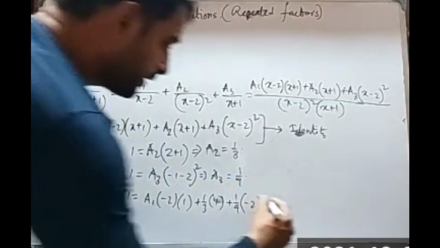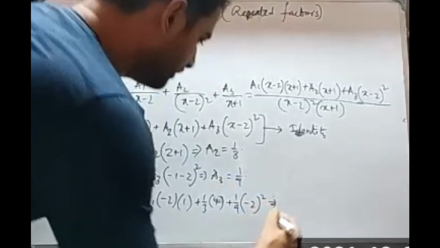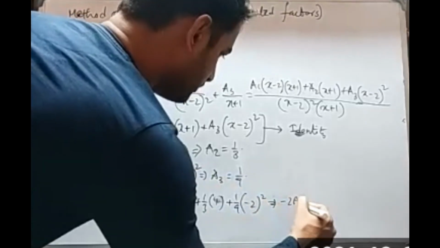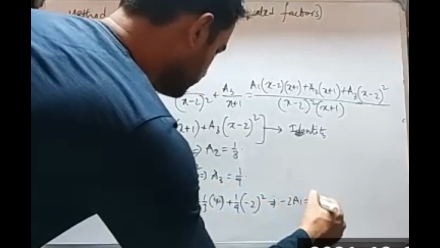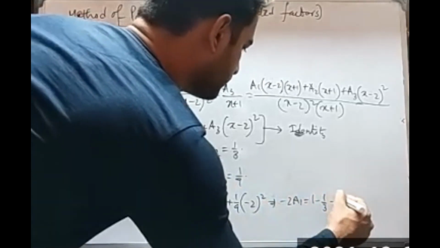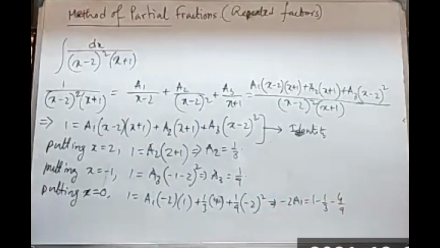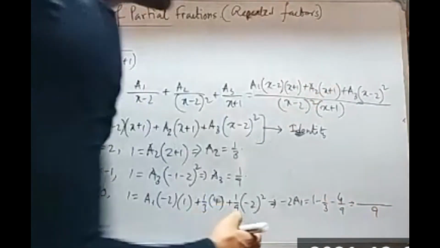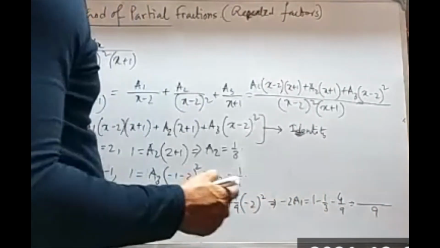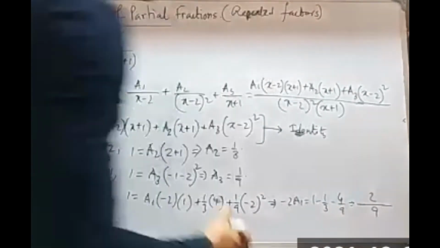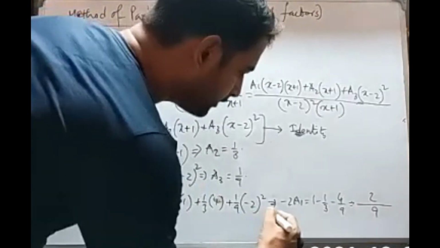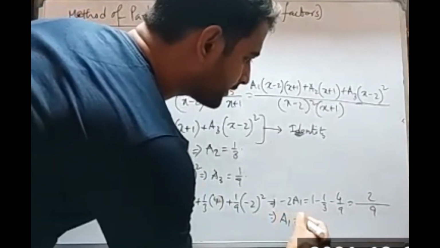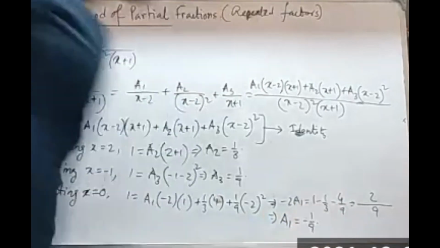So from here we can say minus 2 A1 equal to 1 minus 1 by 3 minus 4 by 9. So if you calculate it, 9 minus 3 minus 4, so 2. That means you are getting A1 as minus 1 by 9.